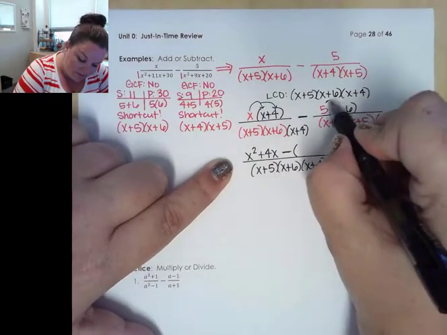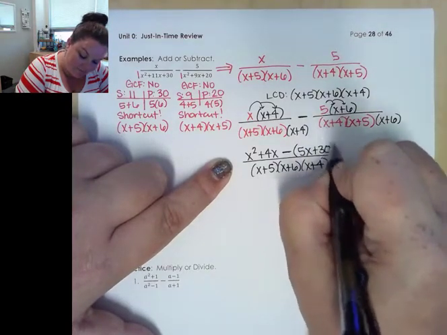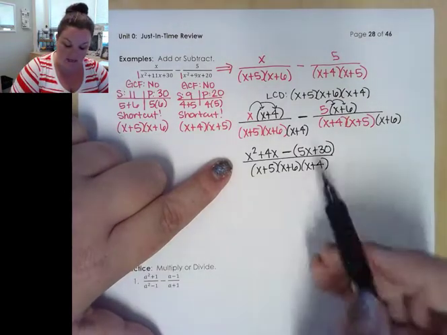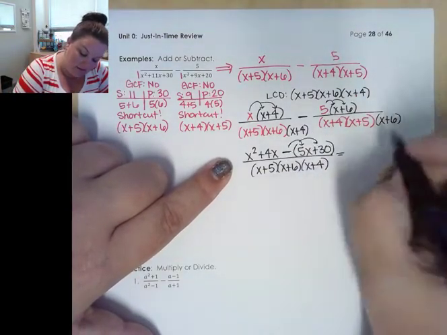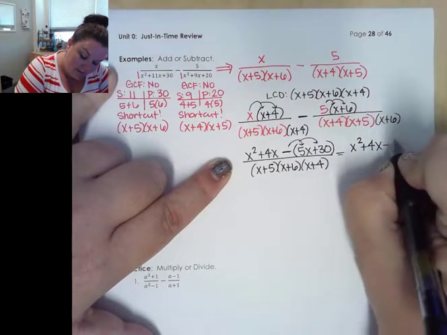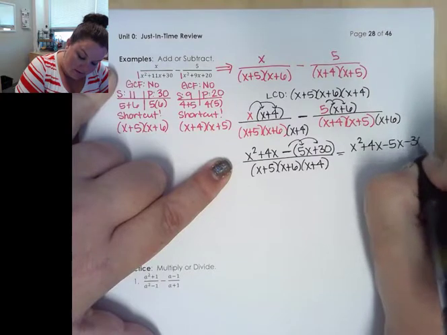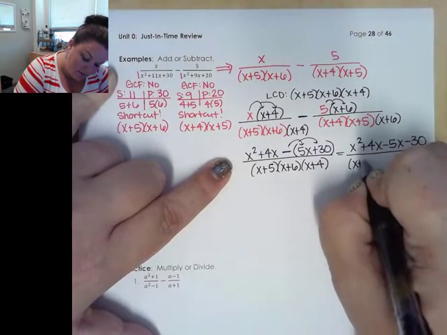So when I distribute this 5, I get 5x plus 30. And then I'm going to distribute this negative since I was subtracting. So this gives me x squared plus 4x minus 5x minus 30 all over my least common denominator.